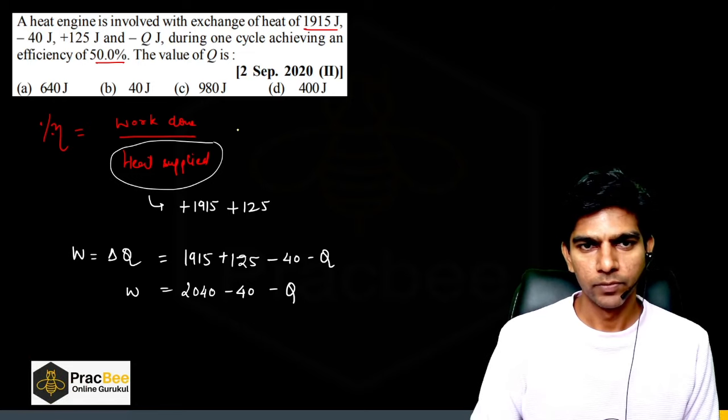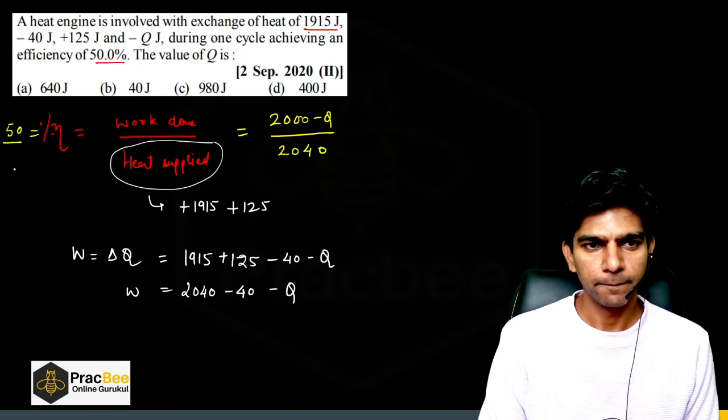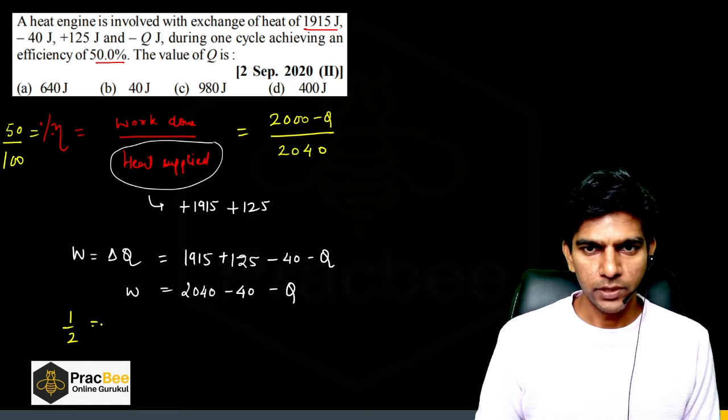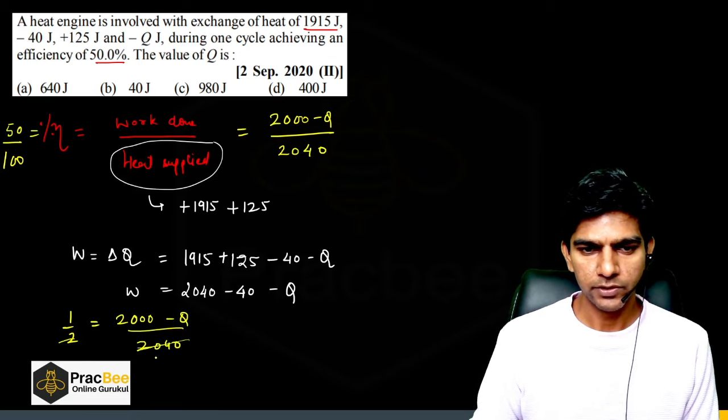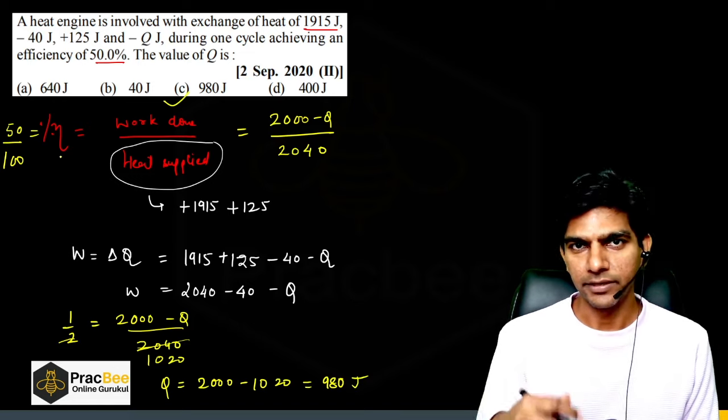So we will get (2000 minus Q) divided by 2040, and the efficiency is 50%, so we can say 50 by 100. So it will be 1 by 2 equals (2000 minus Q) divided by 2040. So this will give us 1020. So Q will be 2000 minus 1020, so it comes out to be 980 joules. So option C is the right answer.